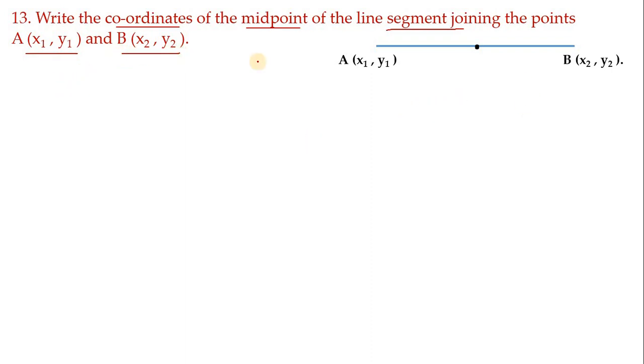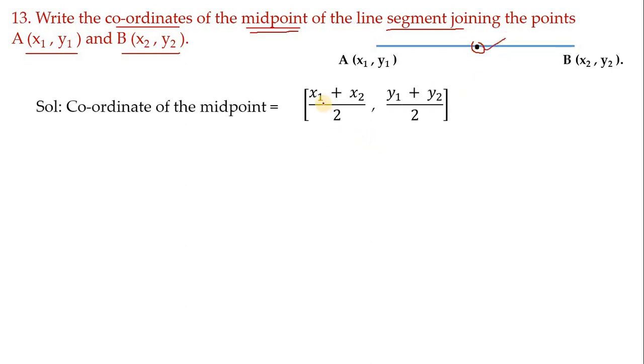You studied the formula for finding the coordinates of the midpoint, which means this problem is based on the section formula. In the section formula, we have to use the sub formula. If you take this as the midpoint, the coordinates of this point will be x1 plus x2 by 2, comma, y1 plus y2 by 2. This is the sub formula under the section formula.